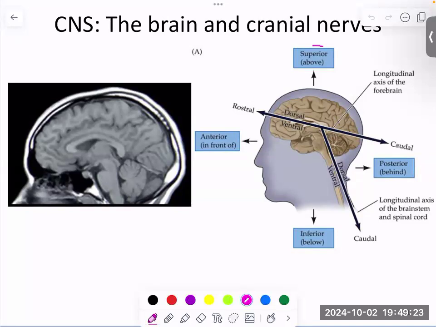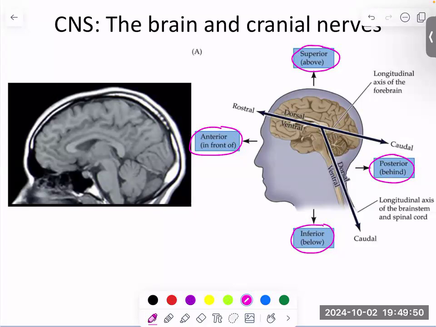We talk about superior being above, inferior being below, anterior being in front of, posterior being behind. But because of how the brain develops, we start looking like fish during early development, and then our brains change directions. So unfortunately, we keep the anatomical directions for the brain and the spinal cord.